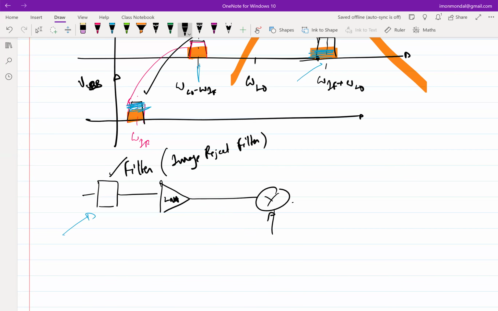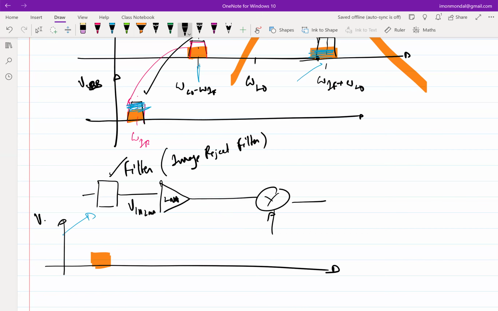Okay, so let me maybe draw a cleaner picture. So if I sketch the noise here, this is at, let's say, the LNA. You have noise at image and you have noise at signal, right?